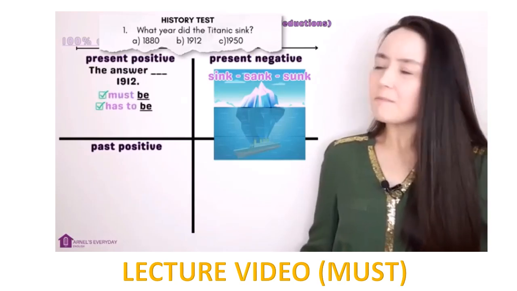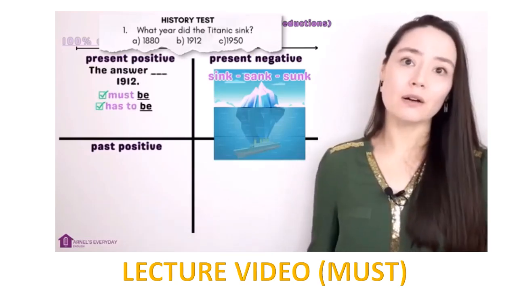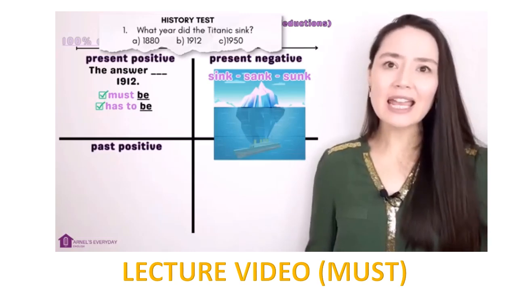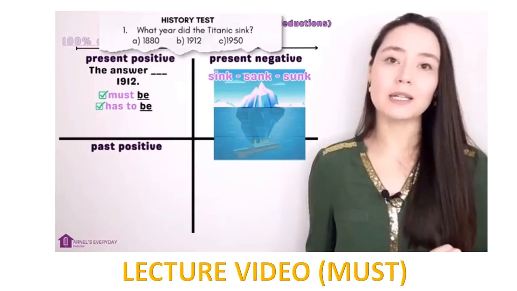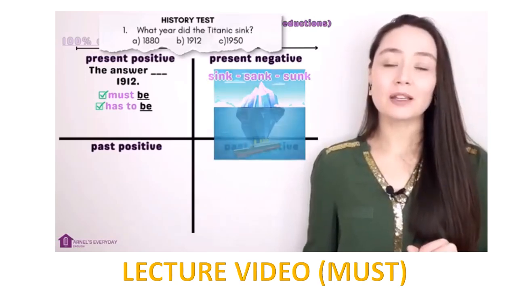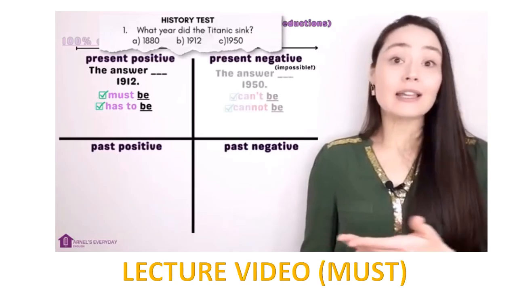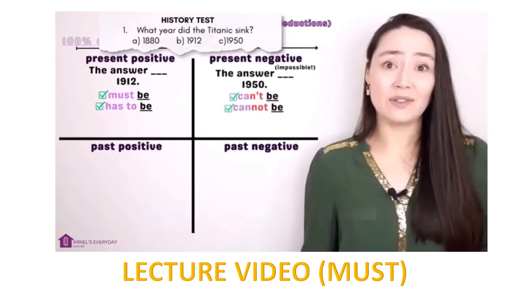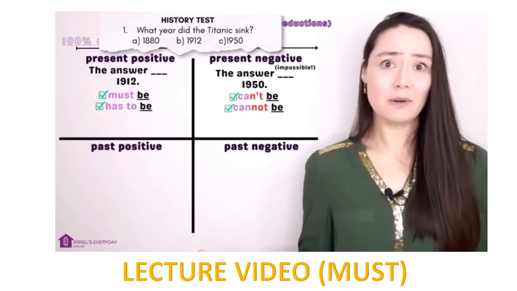The answer must be 1912. The answer has to be 1912. I mean, 1880 is too early. 1950 is too recent. It must be 1912. Let's make this impossible. The answer can't be 1950. The answer cannot be 1950. That's impossible.